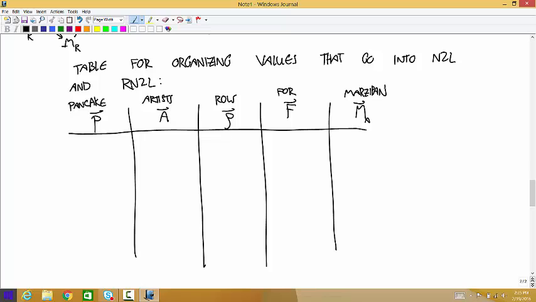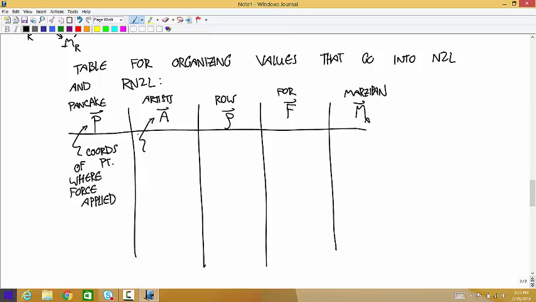And so what you do is you just go down, you make a row for each force or each load that you're dealing with. In the P column, you enter the coordinates of the point where the force is applied. Under A, you enter the coordinates of the about point. You have to keep the same about point for the whole rigid body.